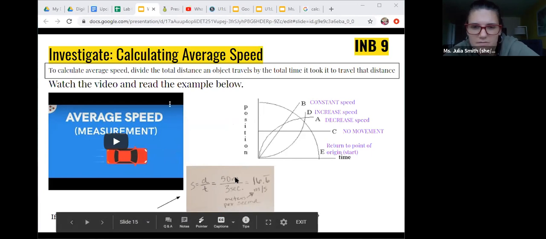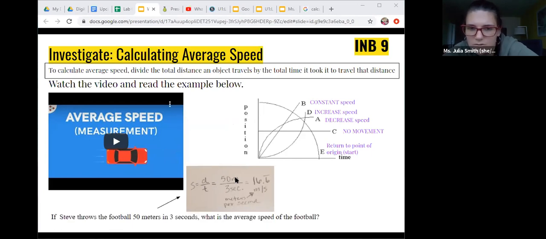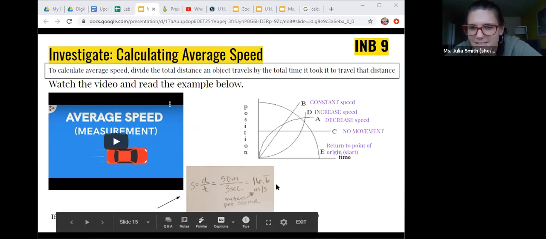Our distance is 50 meters. Our time is 3 seconds. So 50 divided by 3 is 16.6 meters per second. And so that's going to be the speed of the football, 16.6 meters per second.